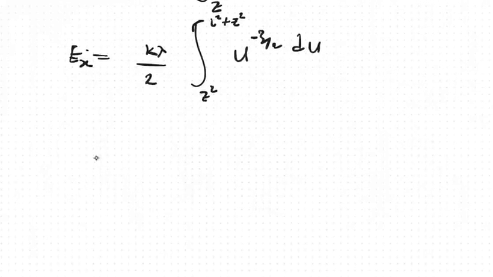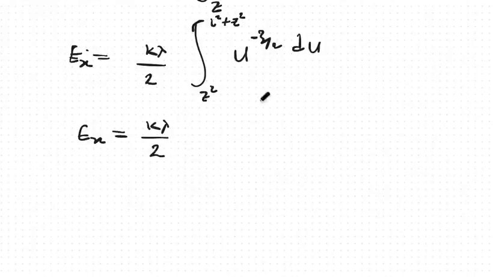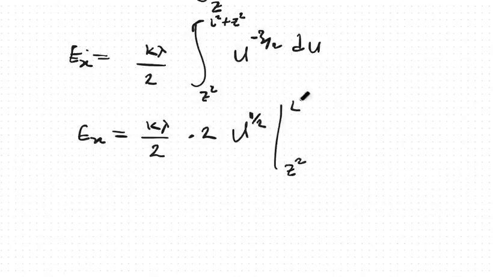So solving further, EX will be equal to k lambda divided by 2 times the integration of this, which will be negative 2 u to the power half, with the limit z squared to L squared plus z squared.